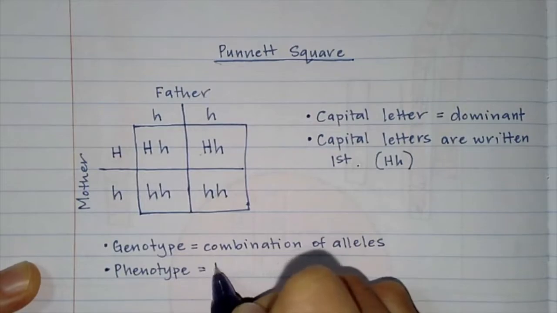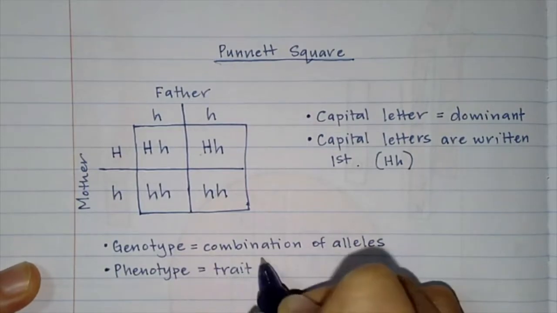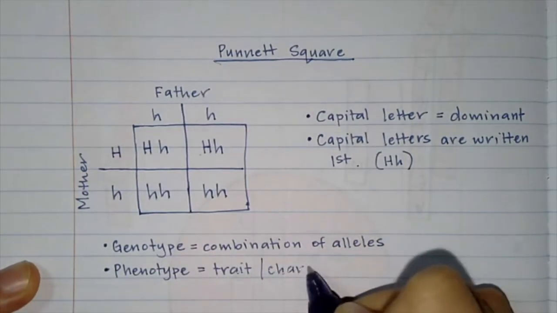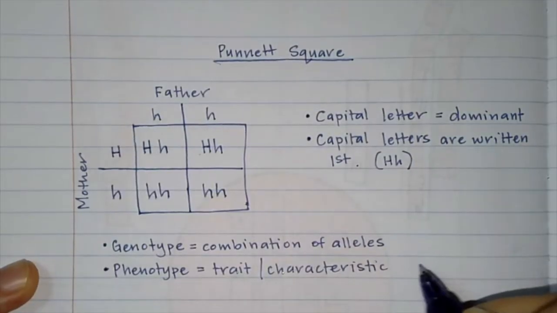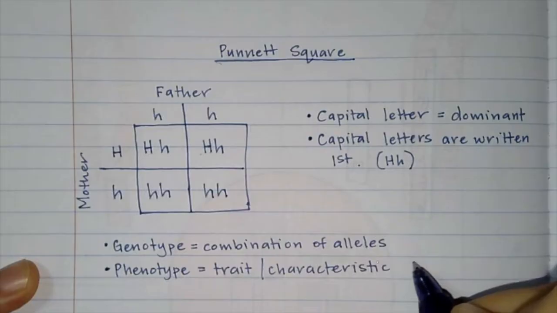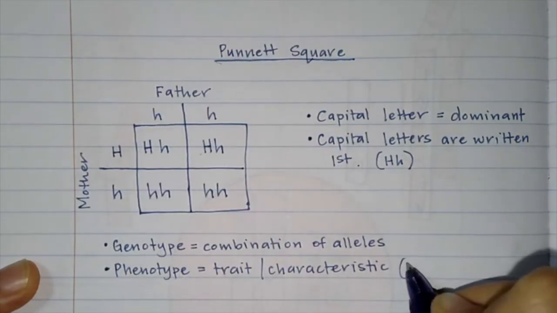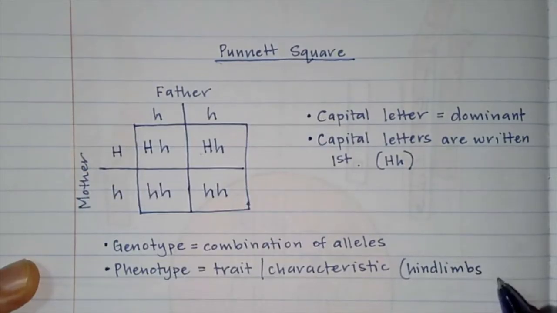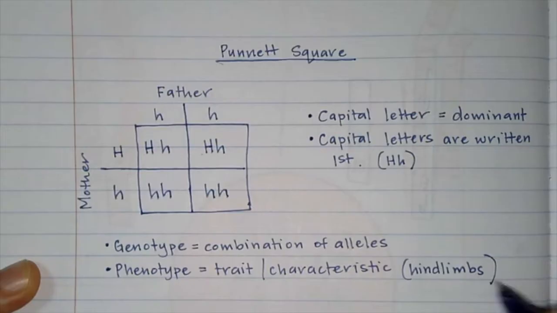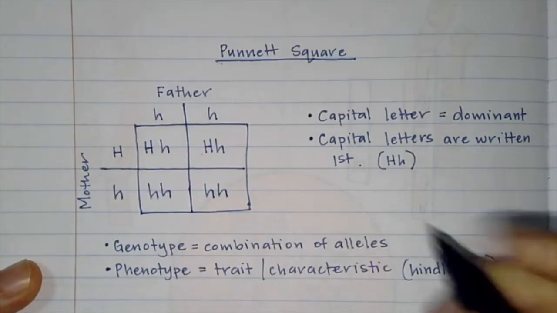So that's going to be the trait or the characteristic. So in this case, we're going to have H. H is going to represent hind limbs, also known as back legs, or a lack of back legs.